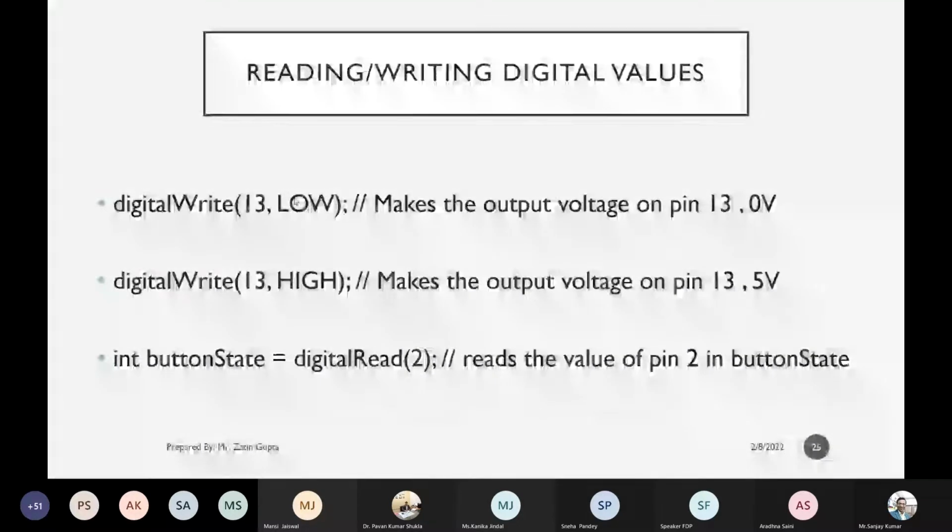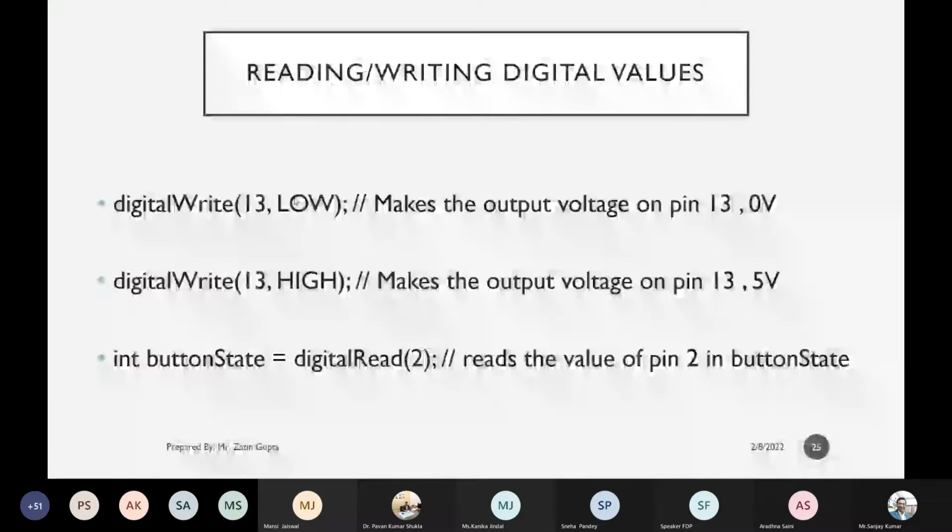There are a few constraints, like capital letters, so you need to follow those constraints. Now, int buttonState, like int a, is a variable equal to digitalRead(2). Now, 2 is the number of the pin. What is this statement doing?